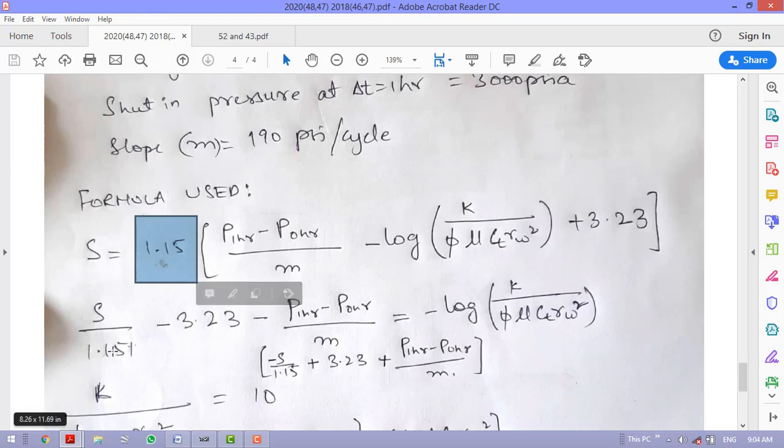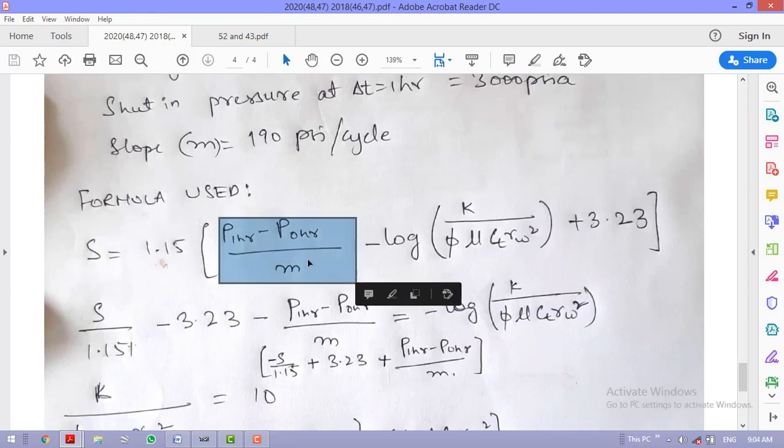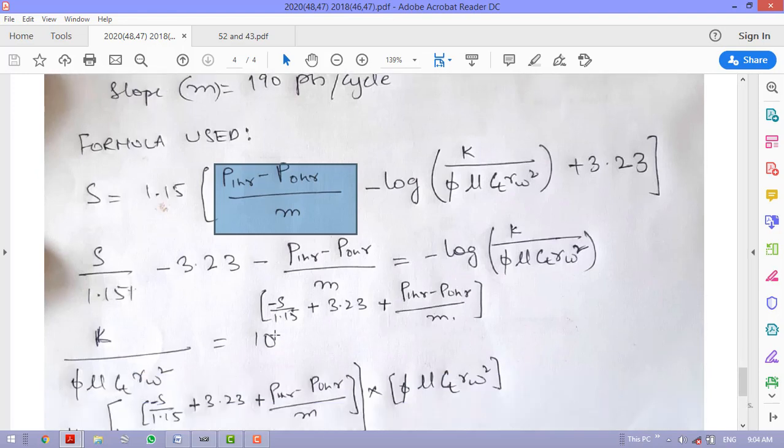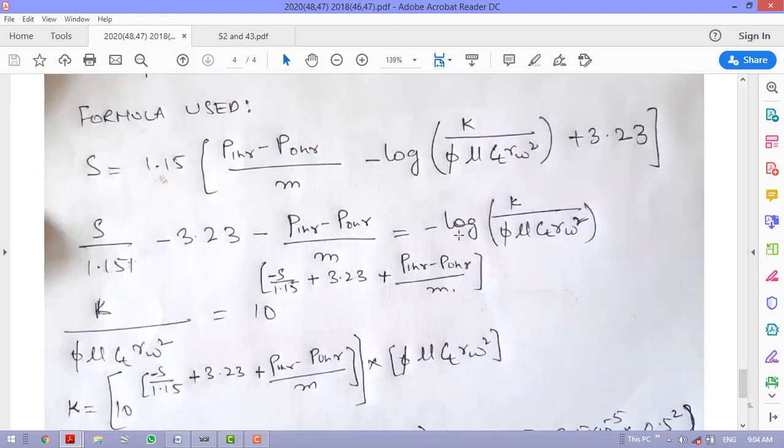Then 3.23 becomes negative when it moves to the left hand side, and this whole term becomes negative again, equal to minus log of k by φ μ Ct rw squared. To remove the log, it turns to 10 power minus S by 1.15.